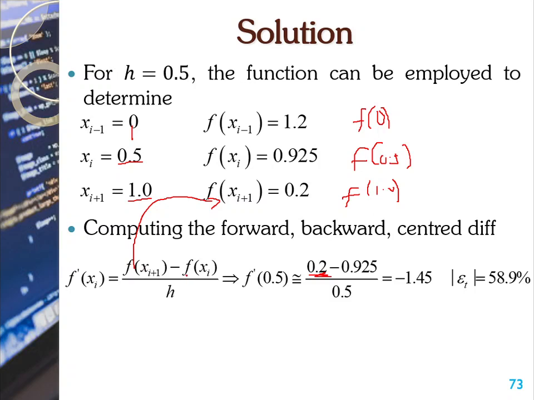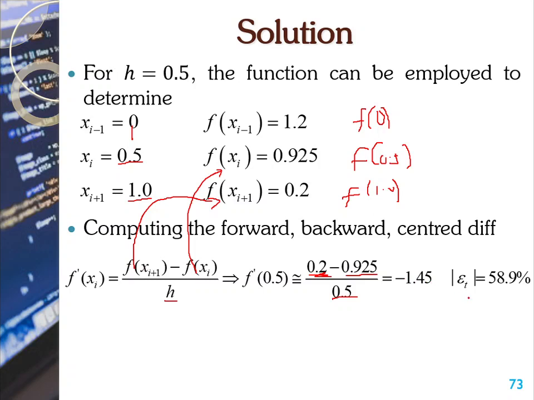The next one is minus f of xi, and we have f of xi right here, which is equal to 0.925, all over our h, which is our step size, given to be 0.5. Once we estimate this, we get negative 1.45.